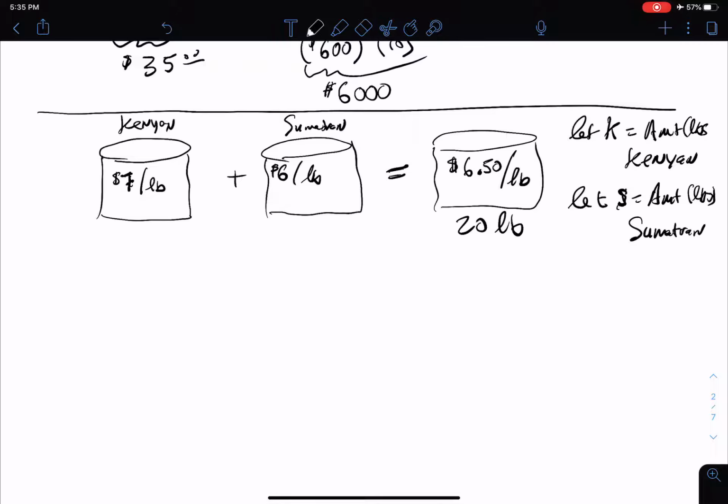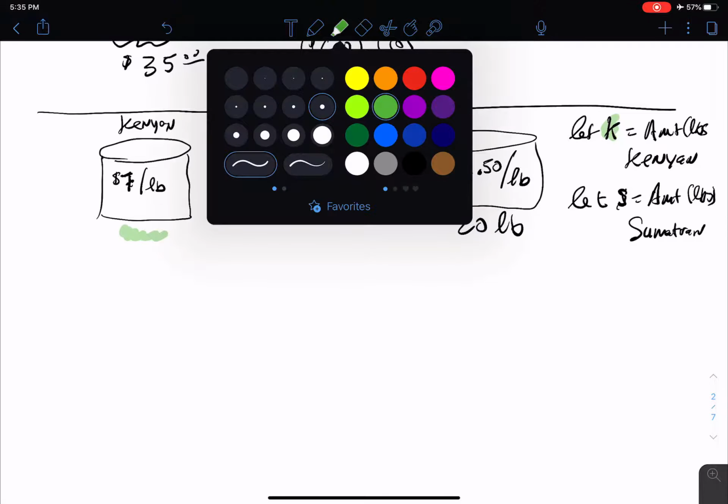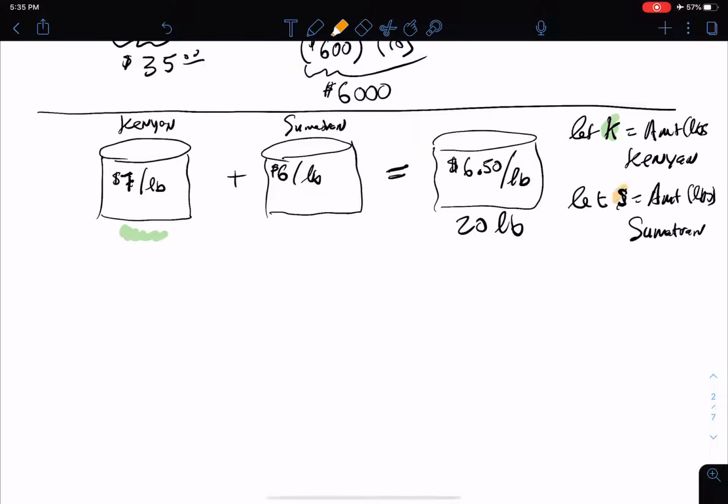So those are our variables right there. K is the number of pounds for my Kenyan coffee, and S is the number of pounds for my Sumatran coffee. We don't know what they are, but they're pounds.